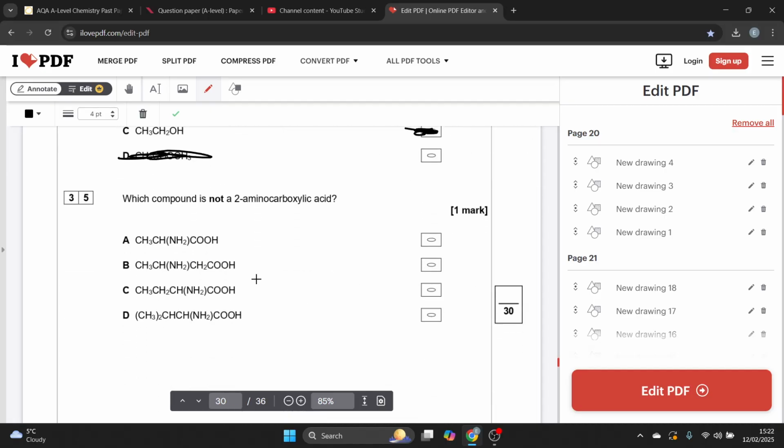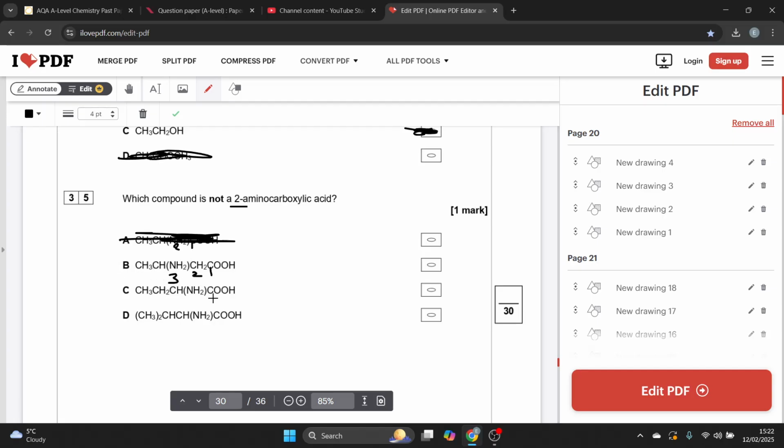Question 35. Which compound is not a 2-amino carboxylic acid? Well, obviously all of them have COOH groups. A definitely is, start from there, 2-amino here. I look at B, start from there, that's a 3-amino.